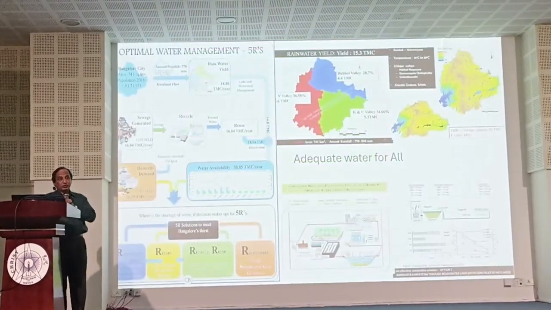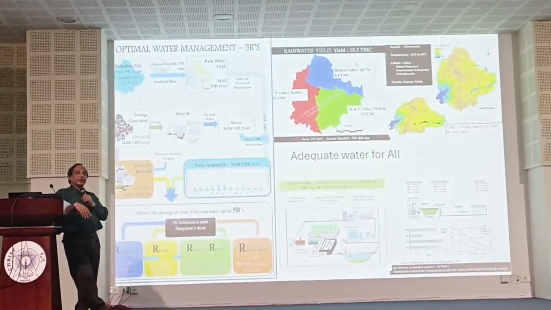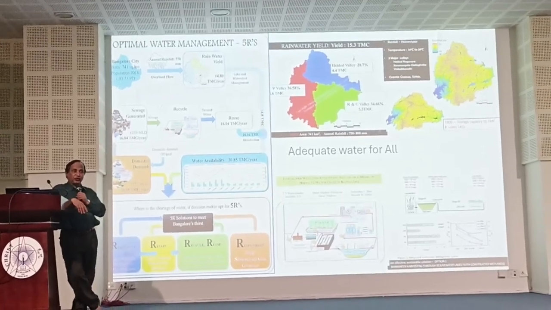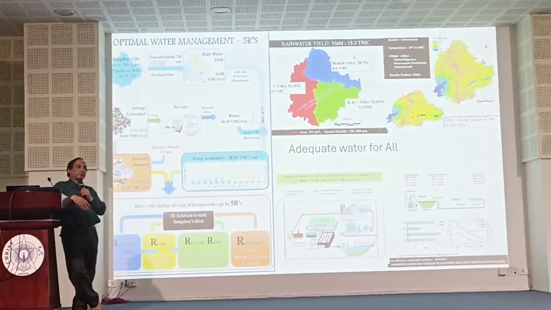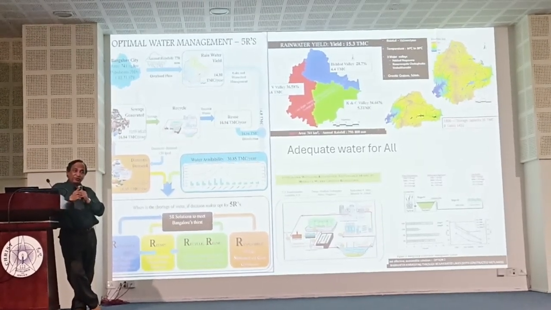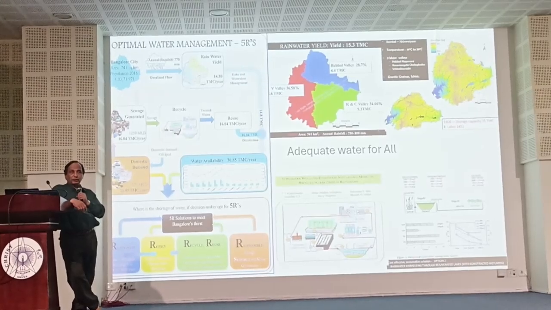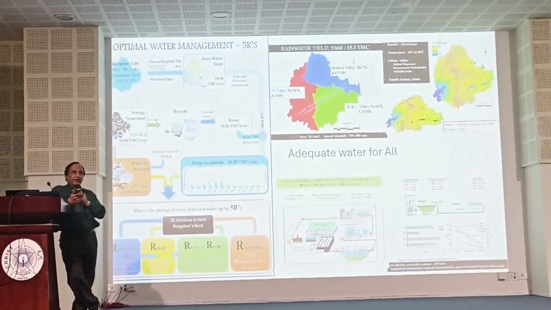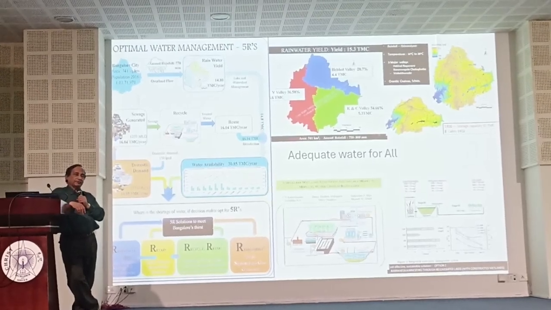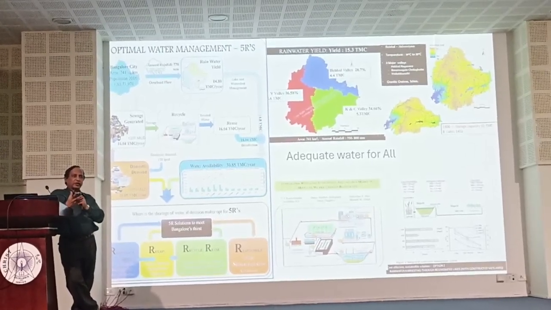Okay? Now, let us talk about water sustainability for Bangalore. Some of you would have faced the water problem in Bangalore about two or three months back. Is there a solution for the water crisis in Bangalore? I looked at what is the water requirement for Bangalore. We require about 18 TMC of water. Then how do we get water?